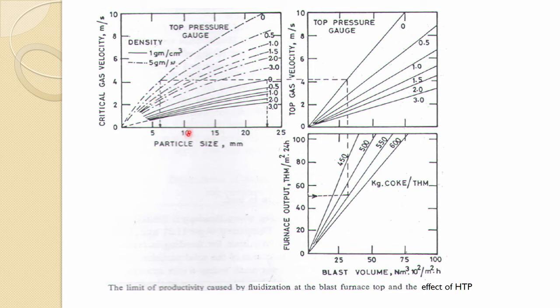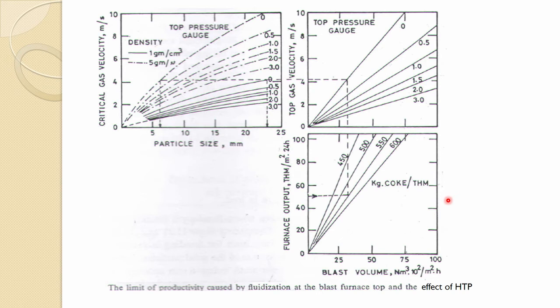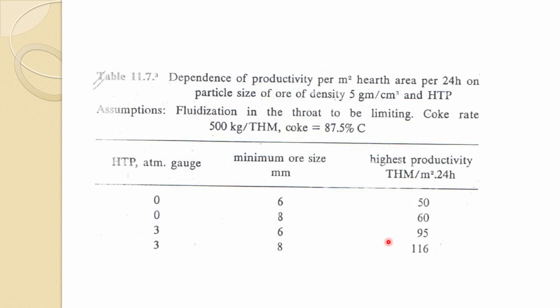So, mostly, as we said, 10 plus millimeter size is a good one, and the highest production rate is 50, but if you have your ore size 8 millimeters, you see your productivity is increased, and you can even go in a reverse way and check it, and you can see your furnace output will increase.